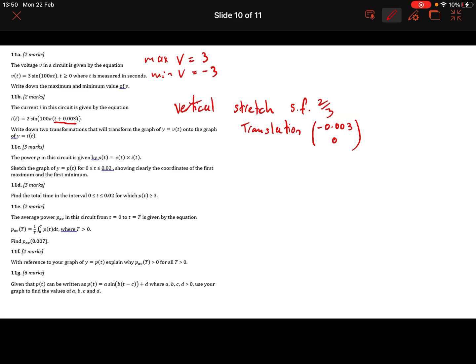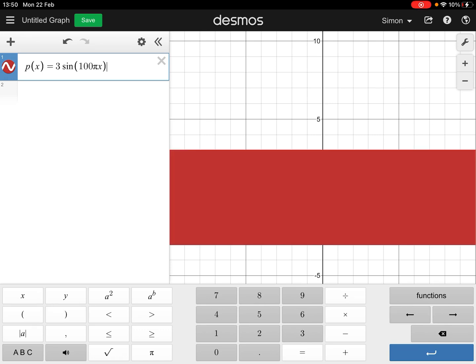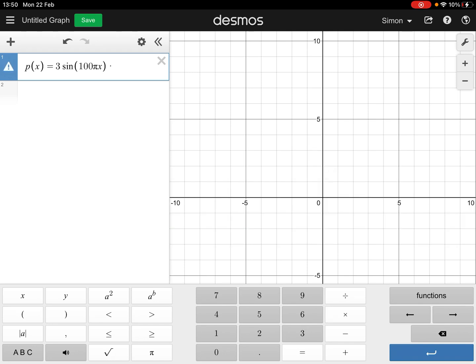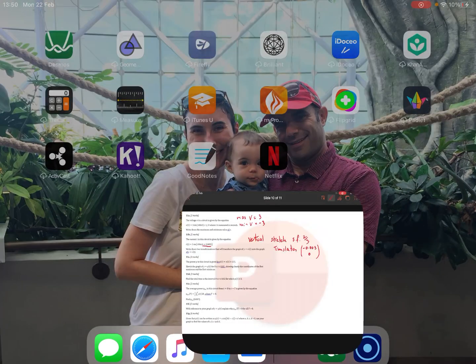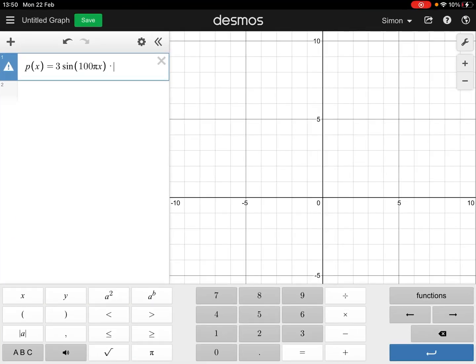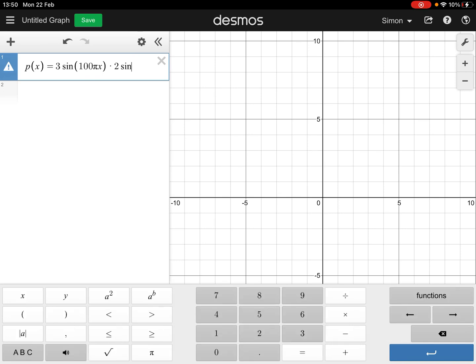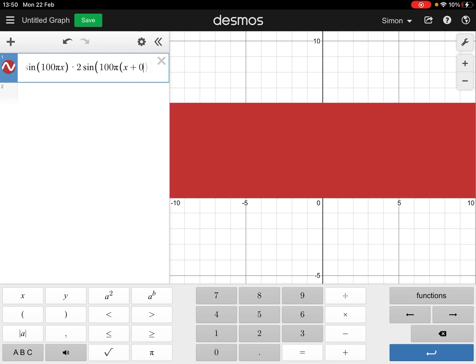So I'm going to say 100 pi x, multiplied by, just stick it all into your calculator, I of t, which is 2 sine, brackets 100 pi brackets x plus 0.003. Okay, why is it coming out strange?